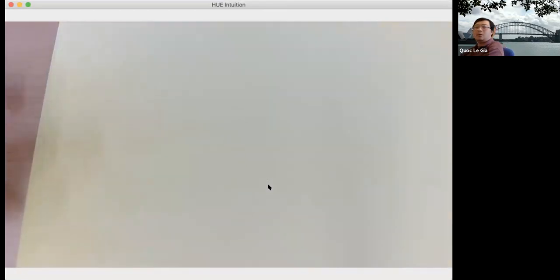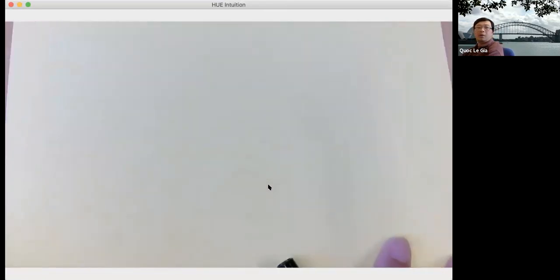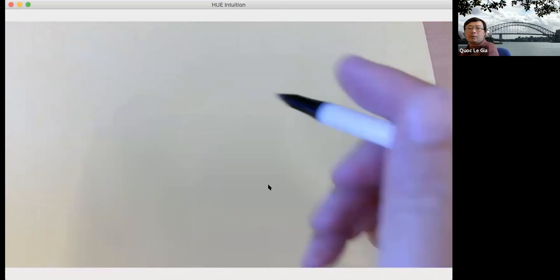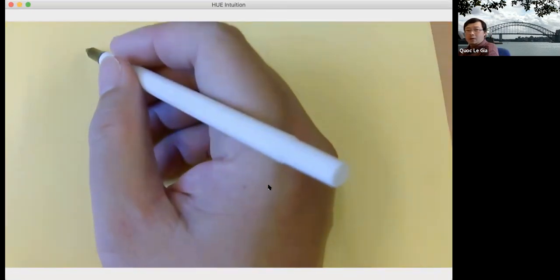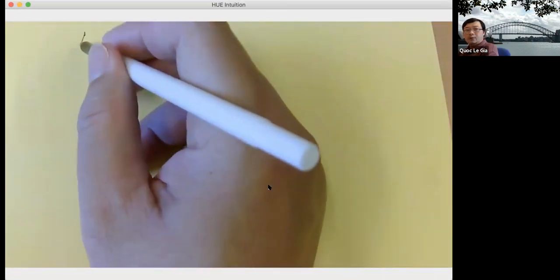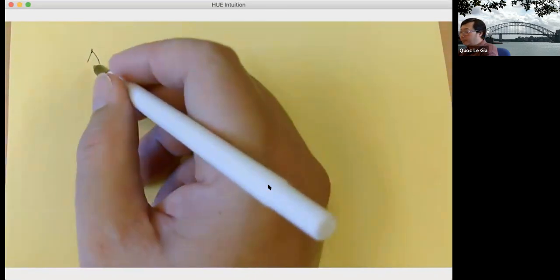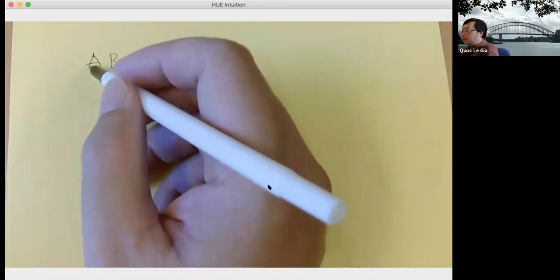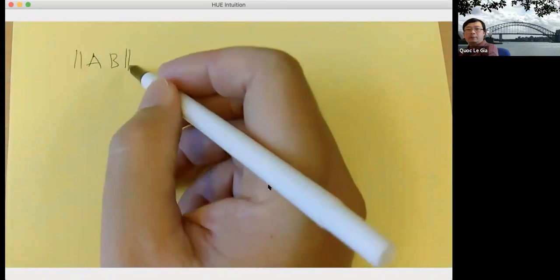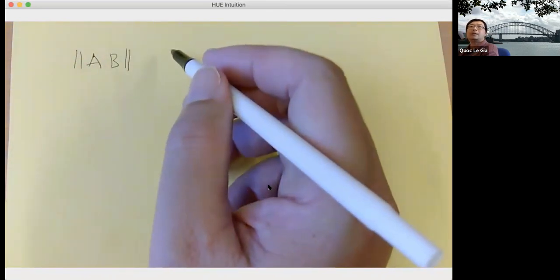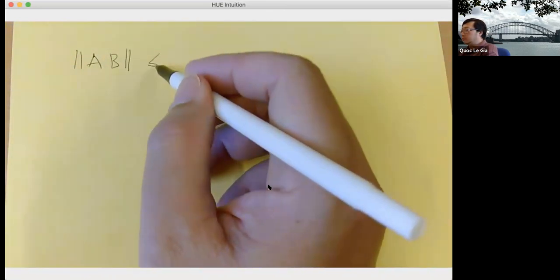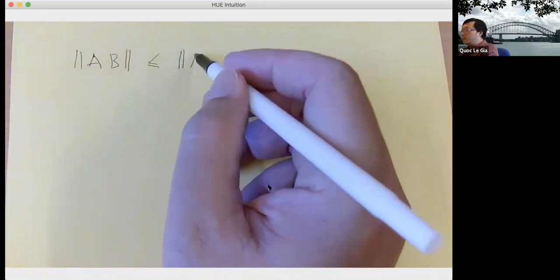So first we show that if you take a product of two matrices and you take the norm of the product, then it is less than or equal to the product of the two norms separately, yeah.